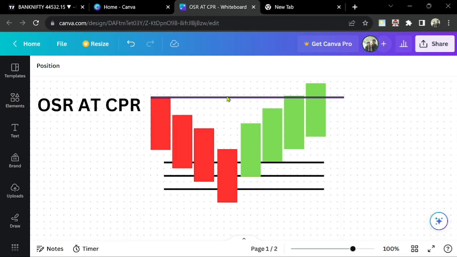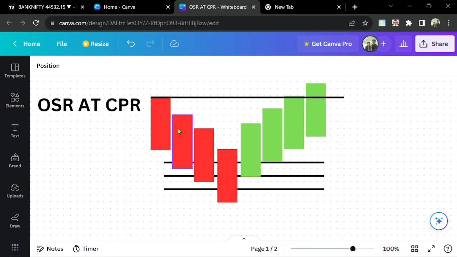This pattern is called opening strike reversal. It can be 4 candles, it can be 3 candles here, it can be even 1 candle. The first candle can close below the CPR. Immediately this green candle can form, and it is also called opening strike reversal. But these 4 candles, this is called parabolic candles.